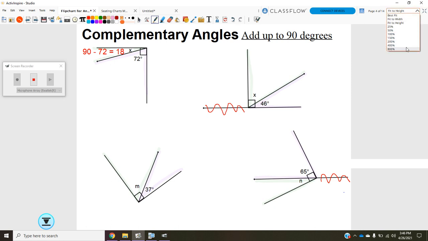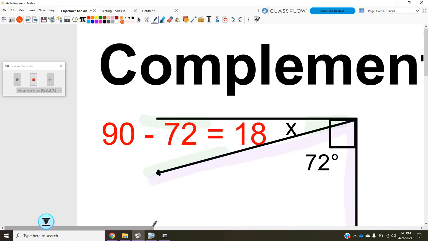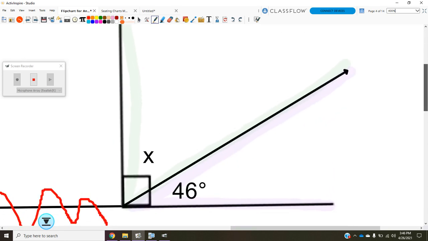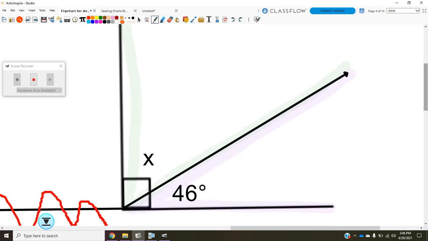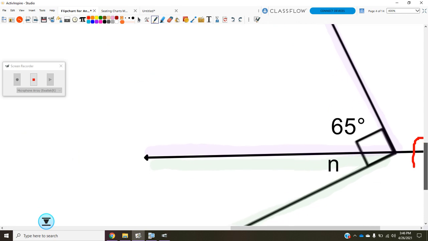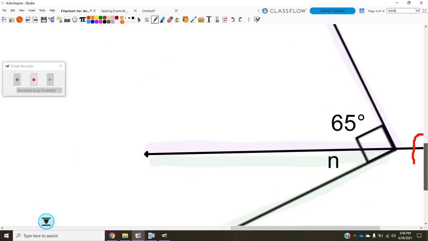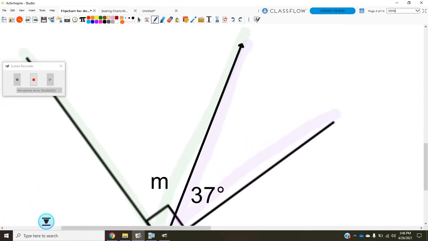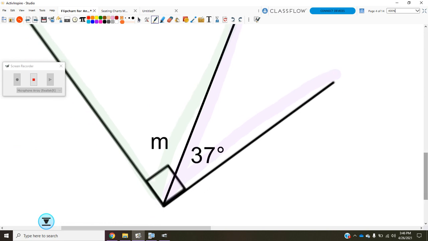So let's zoom in on each picture one at a time and find X. What is N in this picture? And what is M in this picture?